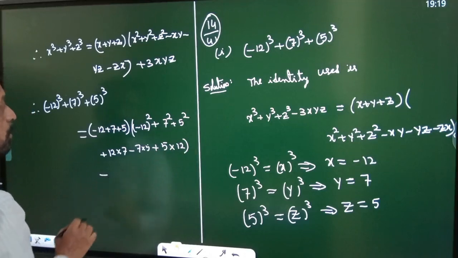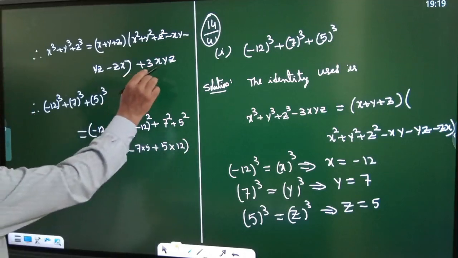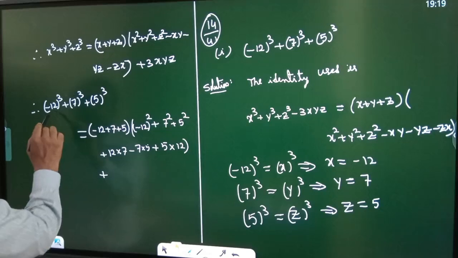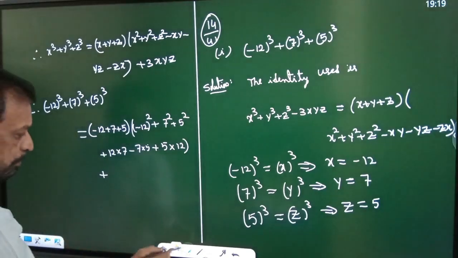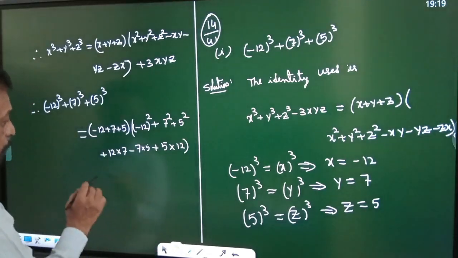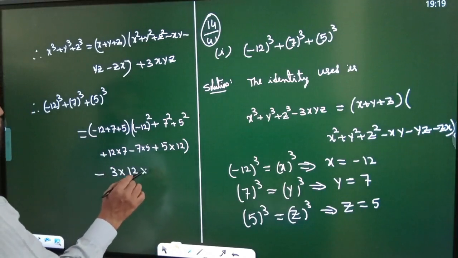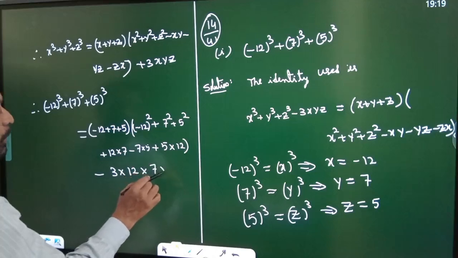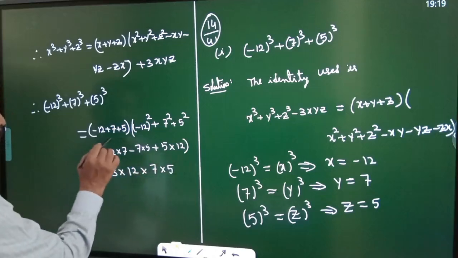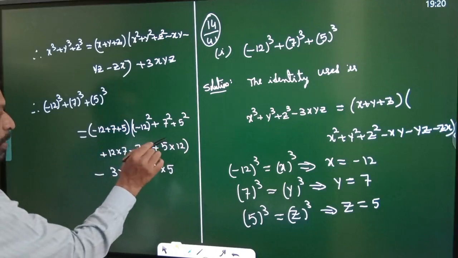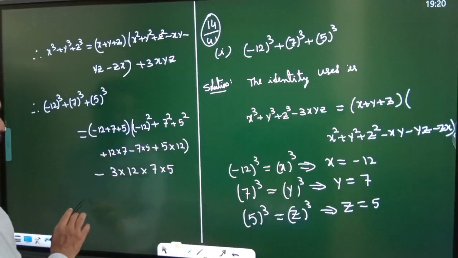Plus, because of xyz, here the minus is there, so it becomes minus 3 into 12 into 7 into 5. This much story is there. You simplify, multiply, subtract. This is the answer.